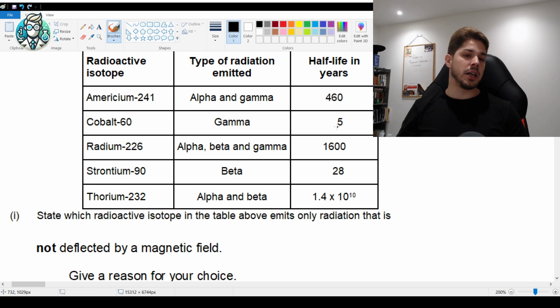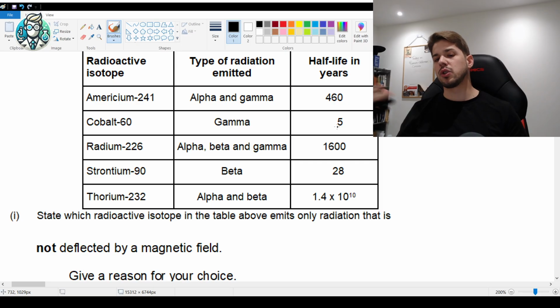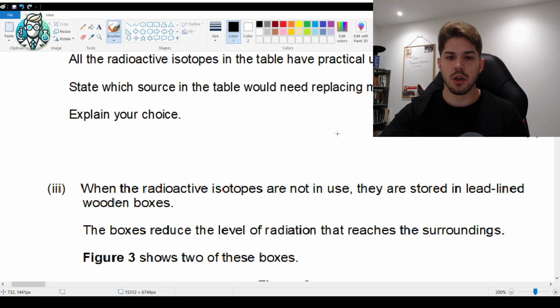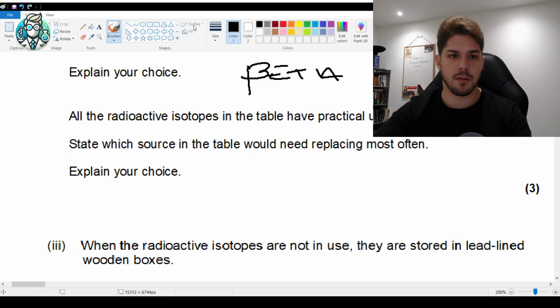After 10 years, 75% of the cobalt-60 is not radioactive anymore. And so on. Meanwhile, all the other elements take much longer to reduce the amount of radioactive isotopes. So the answer is cobalt-60.